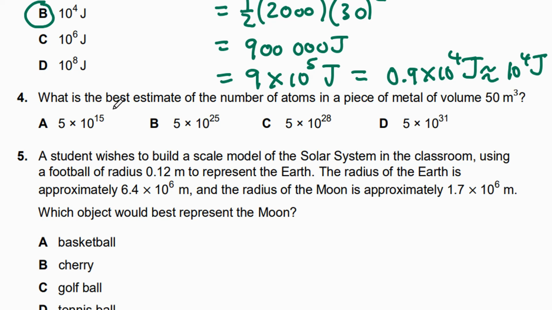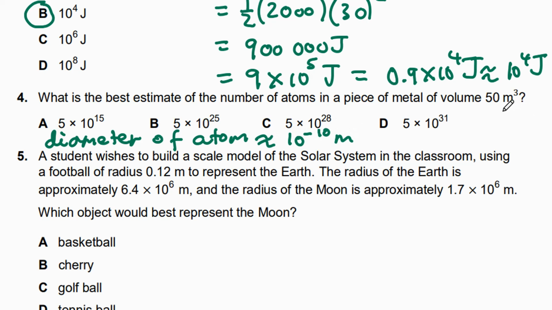Then in question 4 it says, what is the best estimate for the number of atoms in a piece of metal of volume 50 cubic meters? So we can first try and estimate the volume of one atom. And here you need to know that the diameter of an atom is approximately 10 to the negative 10 meters.